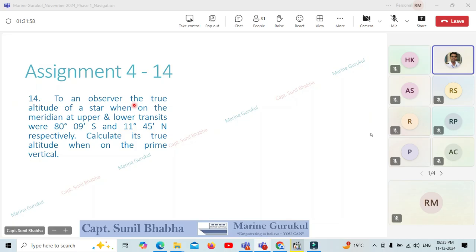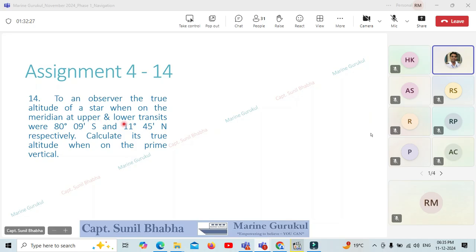To an observer, the true altitude of a star when on the meridian at upper and lower transits. So upper and lower transits tell us that this star is a circumpolar star. Only a circumpolar body transits twice in a day. Transit means it passes the observer's meridian, or it comes north or south of the observer 2 times in a day.